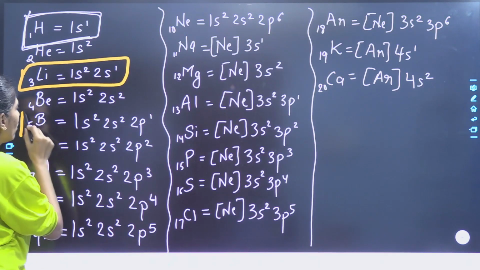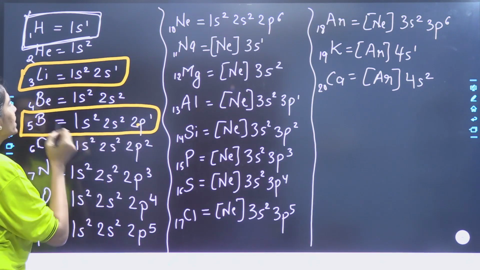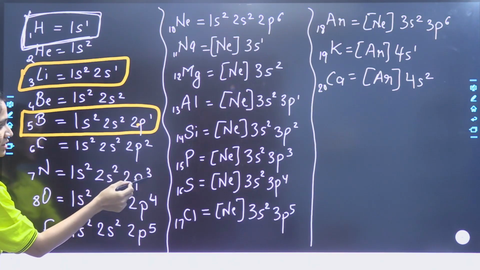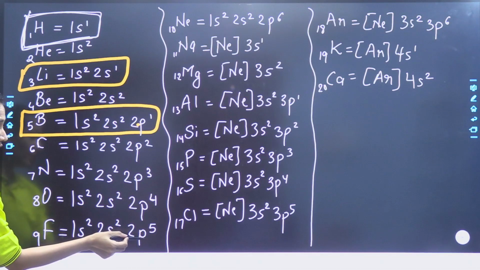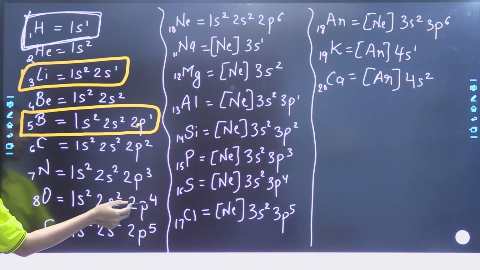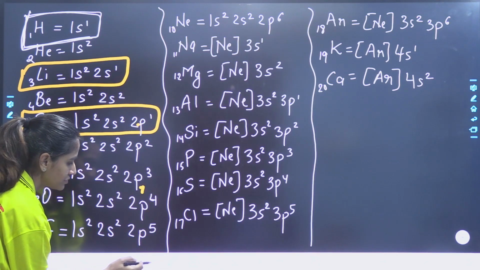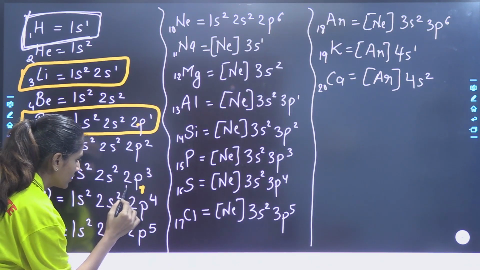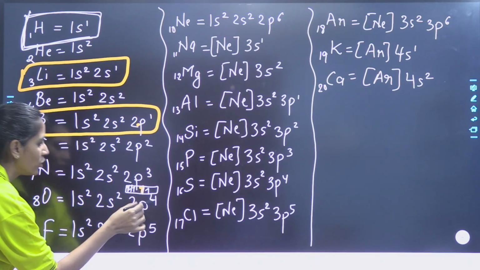Then next is boron. In boron also we have one unpaired electron, 2p1. Then here 2 unpaired electrons, here 3 unpaired electrons. Here in oxygen, 2 unpaired electrons.